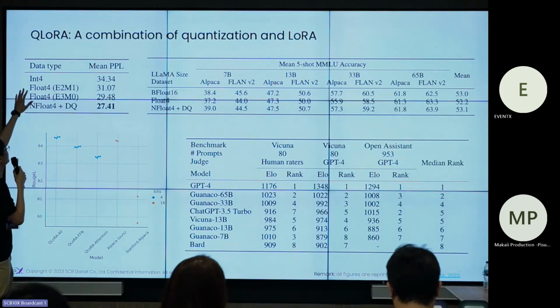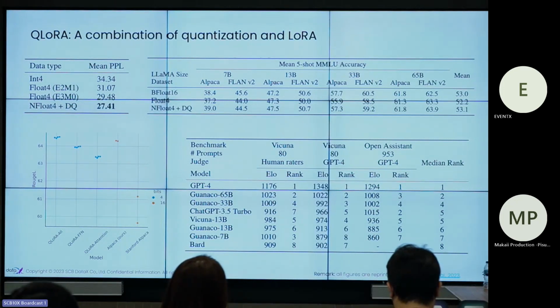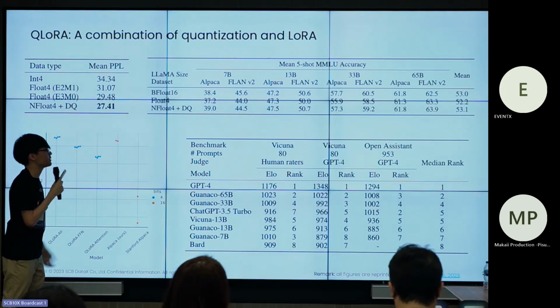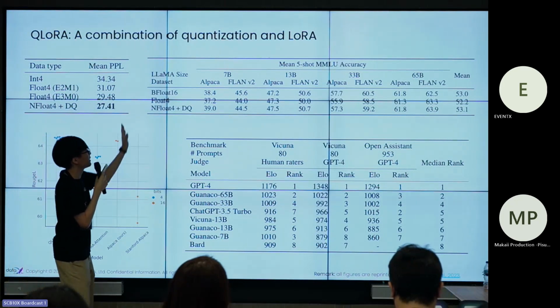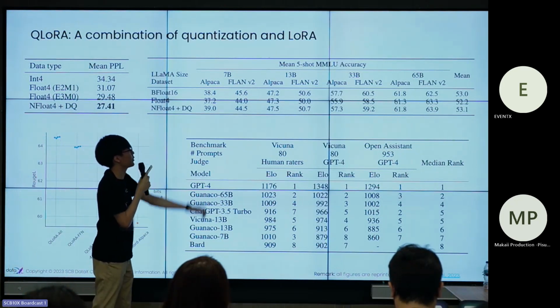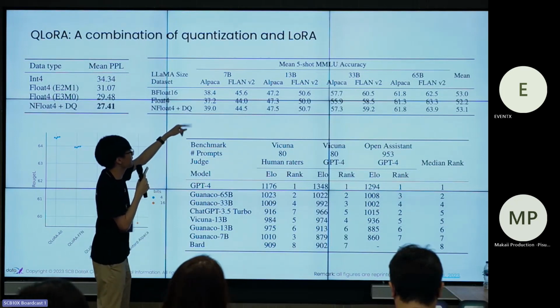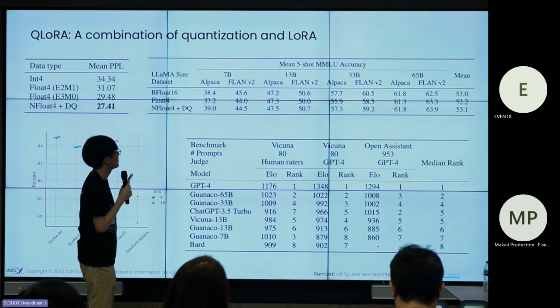And here they compare different data types that they quantize to, for example NF4 and FP4 with double quantization, something like that. This is the mean perplexity, so lower is better, and that one is the MMLU benchmark. If you look at it, it's quite similar.